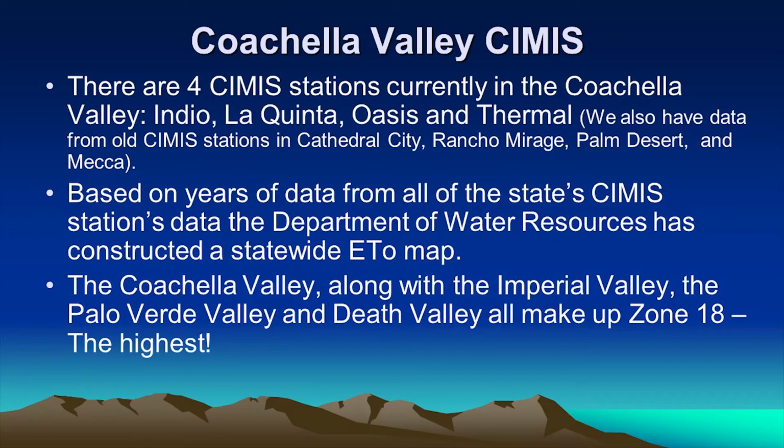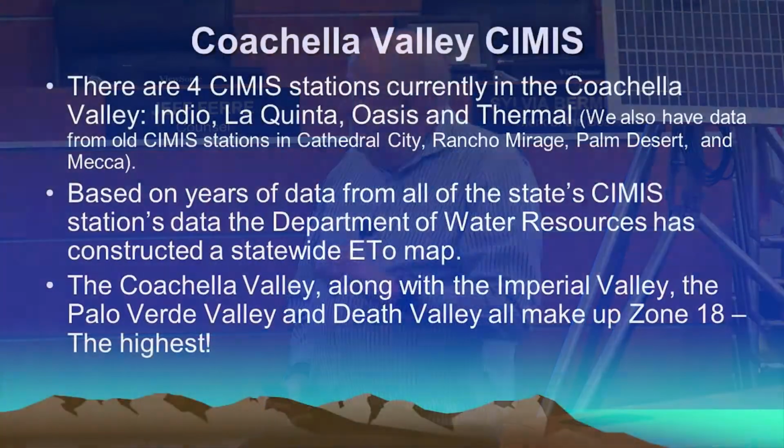And in the Coachella Valley, currently, we have 4 stations. We have one in Indio at Shadow Hills, in La Quinta at the Citrus Club, Oasis at the University of California Experimental Farm, and Thermal right near the Thermal Airport.